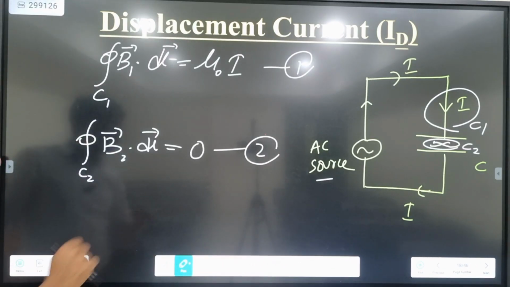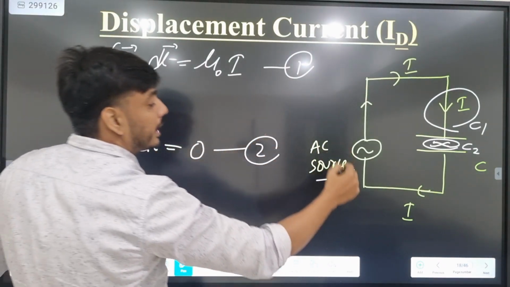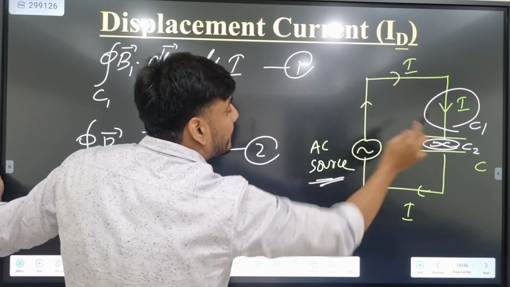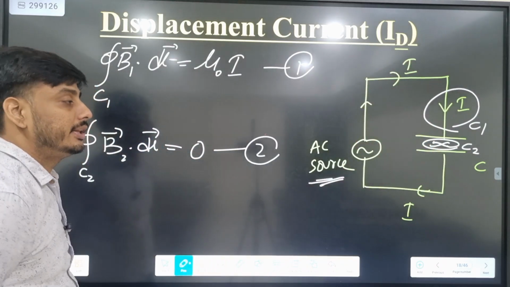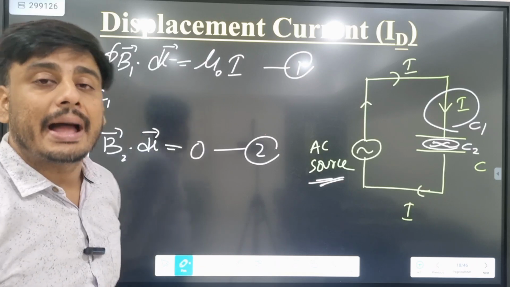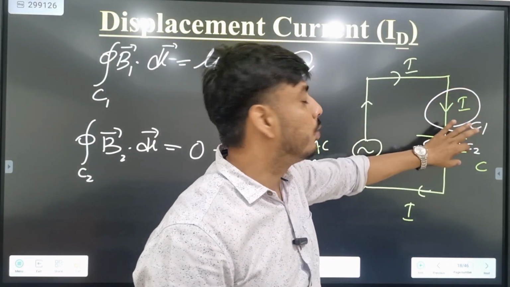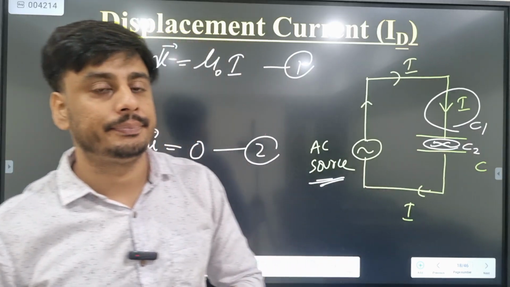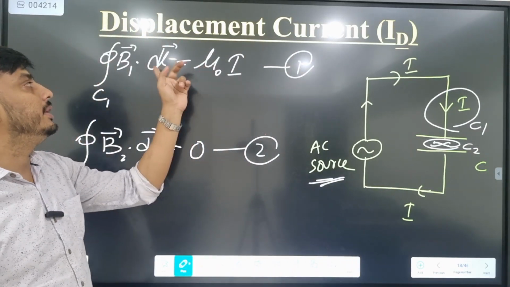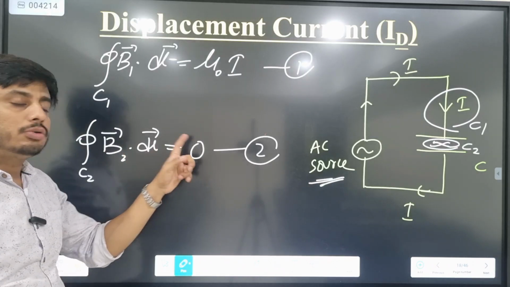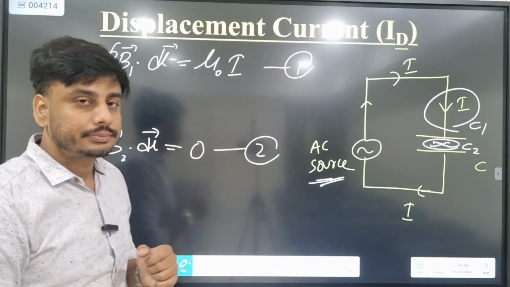Again I am repeating: we have taken a circuit where an AC source gives I amount of current, and a capacitor is connected in the circuit. To apply Ampere's circuital law, we use two closed paths, one over the circuit and one between the two plates of the capacitor. For the circuit, we get B dot dl equal to mu naught I. Here we get B dot dl equal to 0, because there is no current.